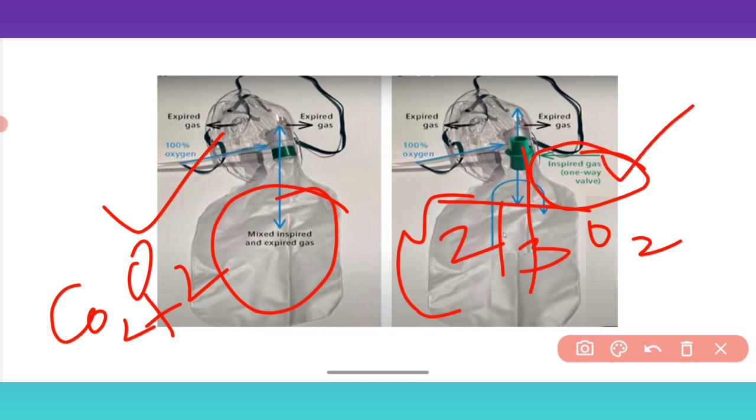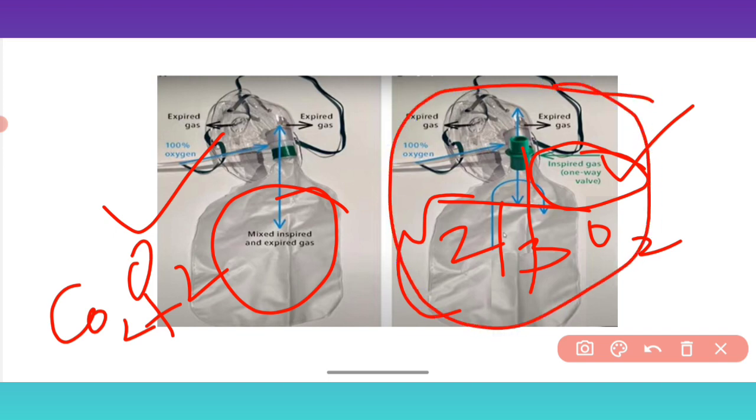Okay, guys, so this one is giving more concentration of oxygen to the patient. The non-rebreathable mask gives more oxygen concentration to the patient. Understand? Underline the key point, more oxygen concentration. I think around 6 liters of oxygen is delivered to the patient.